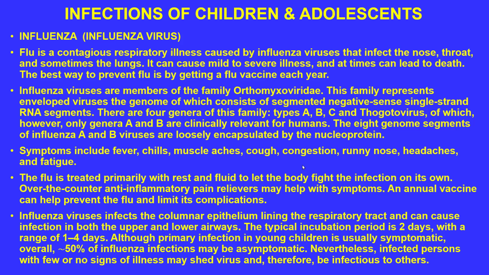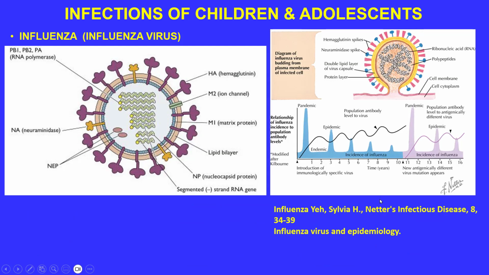Although primary infections in young children are usually symptomatic, overall 50% of influenza infections may be asymptomatic. In other words, some people will have it, but not really have any serious symptoms. Nevertheless, infected persons with few or no signs of illness may shed the virus and therefore be infectious to others.